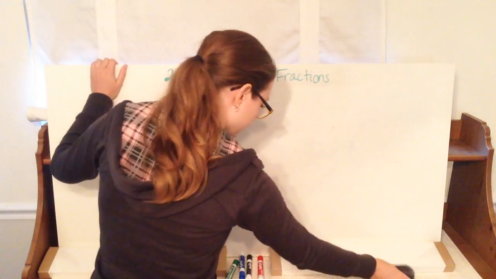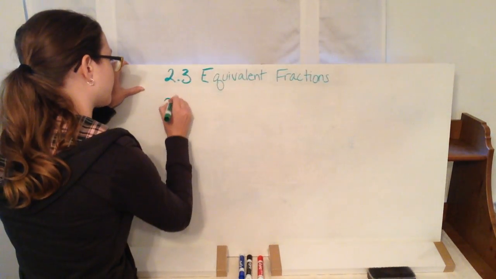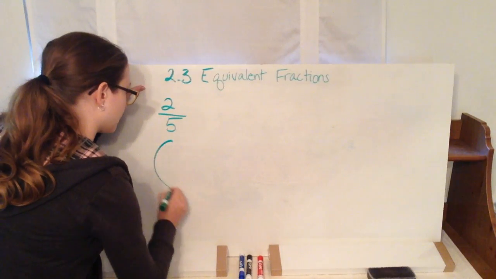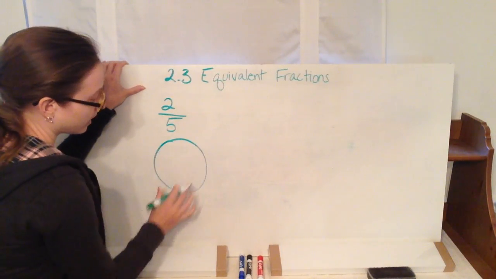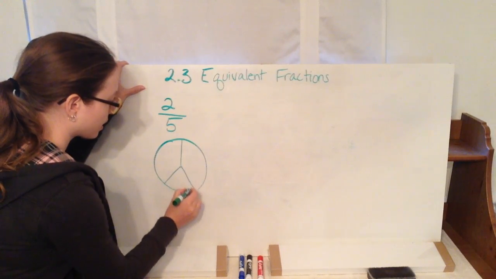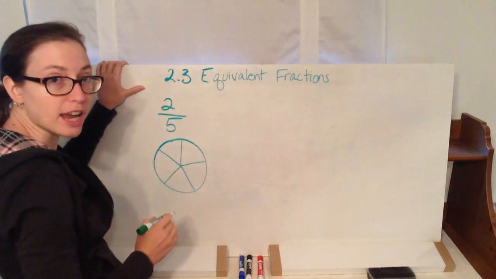So the last fraction that we'll do is 2/5. So here's my whole. I'm going to split it into 5 equal parts. And I'm going to shade 2 of them.